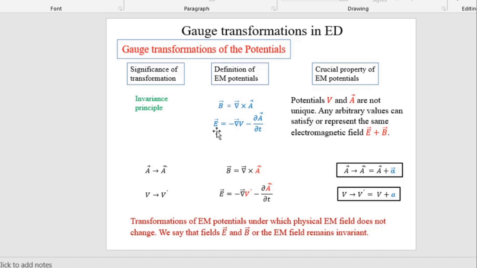Initially we expressed the electromagnetic field in terms of the potentials V and A, and now we are expressing the same electromagnetic field in terms of the new potentials A prime and V prime. That means under these gauge transformations the physical electromagnetic field is not changing, and this is the most significant point regarding gauge transformations.